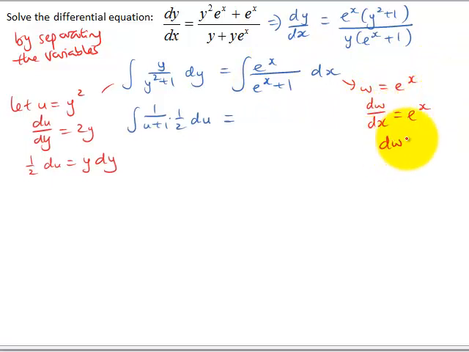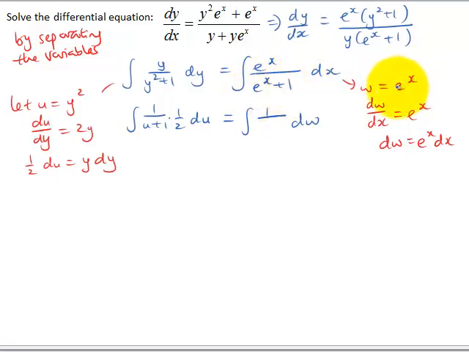So dw equals e^x dx, and I can see e^x dx here, which is what I want. e^x dx can be replaced with dw. And here I have e^x plus 1, and e^x is w, so I have w plus 1.